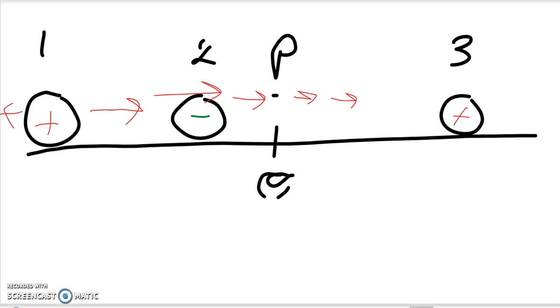The field lines from 2 are going to be pointing toward the charge. And again, the field lines from 3 are going to be pointing away from the charge.